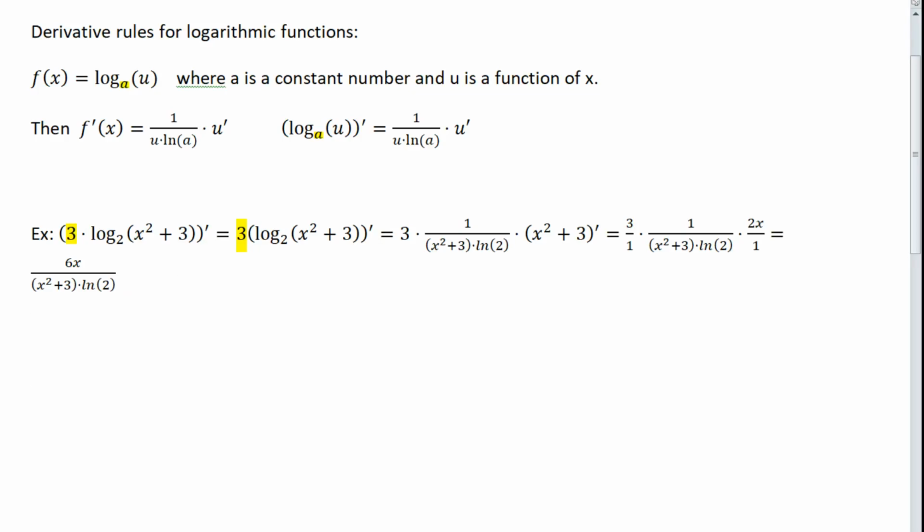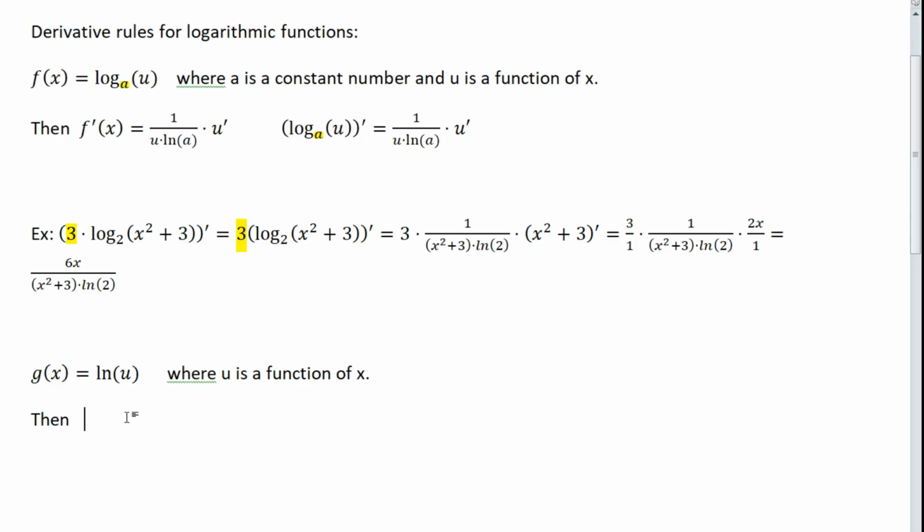There is also another equation for g of x that is equal to ln of u, where u is a function of x. We can use exactly the same equation that we defined.